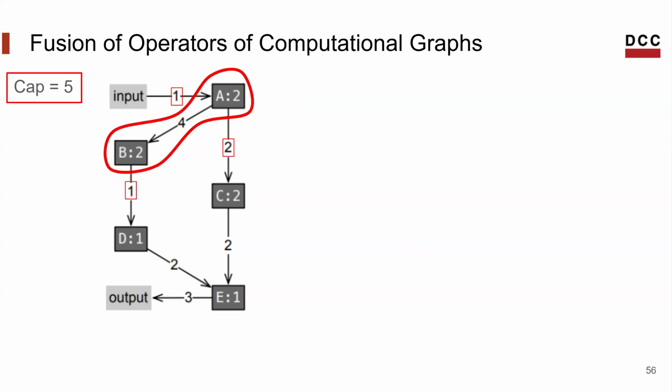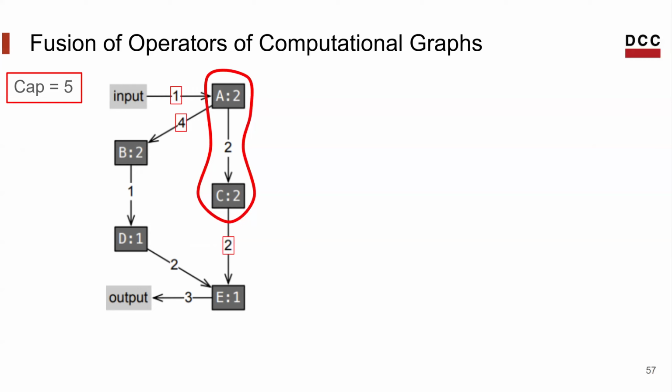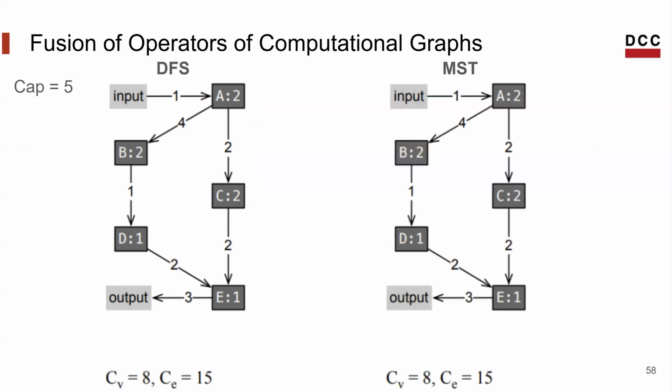So, for example, if you want to fuse nodes A and B, we can, because if you sum the inputs and outputs of nodes A and B, we have 4 units of memory. But if you try to join nodes A and C, we will not be able to, since the sum of the inputs and outputs is 7, and it is greater than 5.